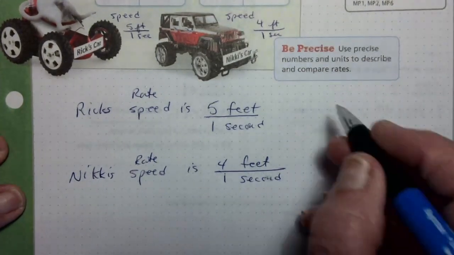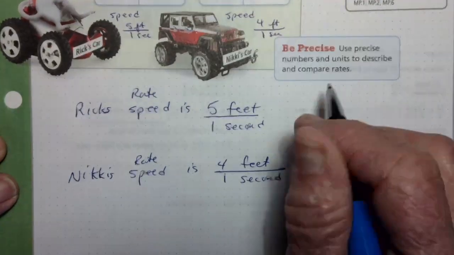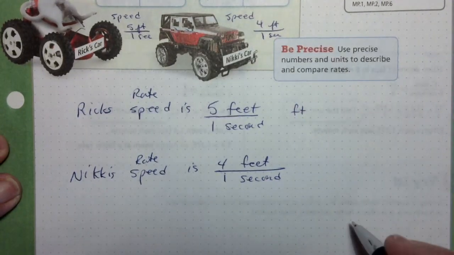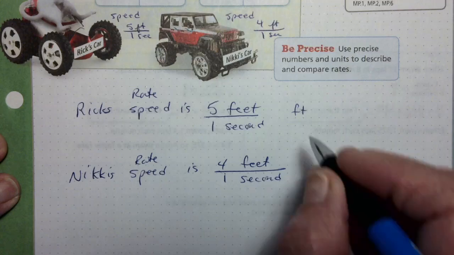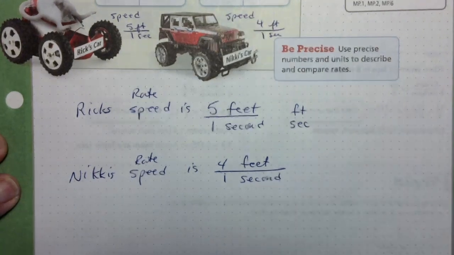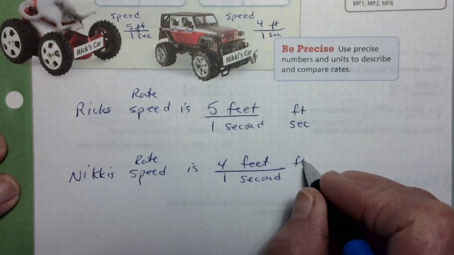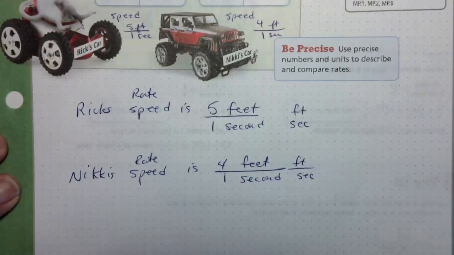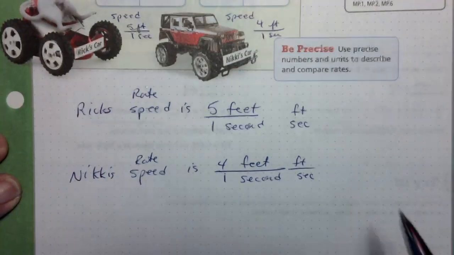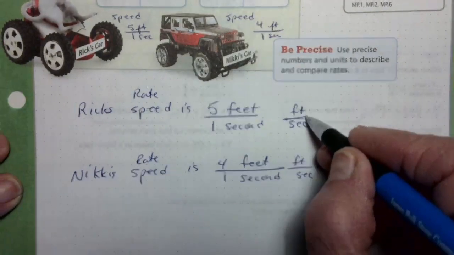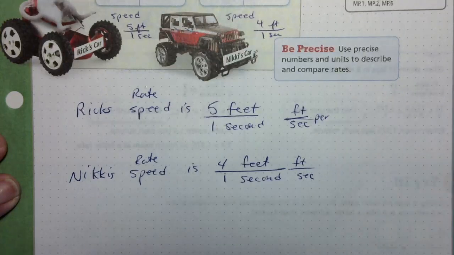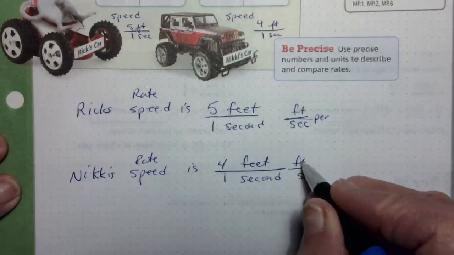Okay, abbreviation for feet is lowercase ft. Abbreviation for second is SEC. And you have to get this right. Feet per second. That says feet per, I'm saying the word per, P-E-R, feet per second.